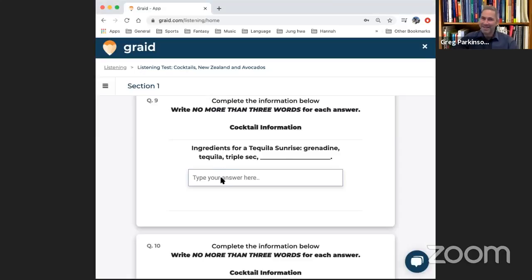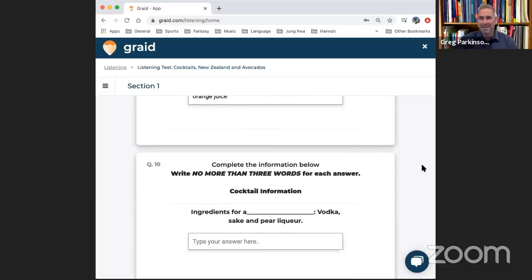Okay, so hopefully you all heard that the final ingredient is orange juice. So don't be intimidated if you don't know anything about cocktails and you see all these strange words like grenadine, tequila, triple sec. Don't be intimidated because the actual answer was quite easy. It was orange juice. So yes, just try not to panic.